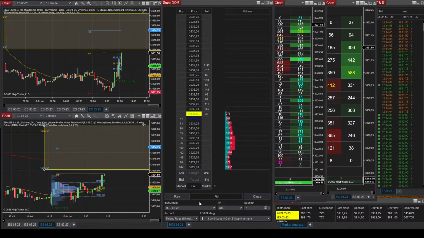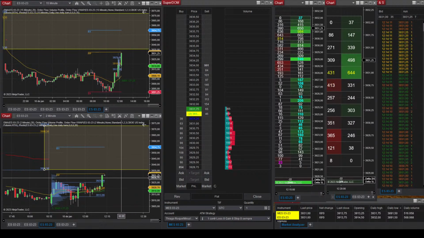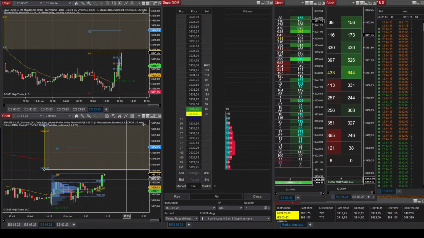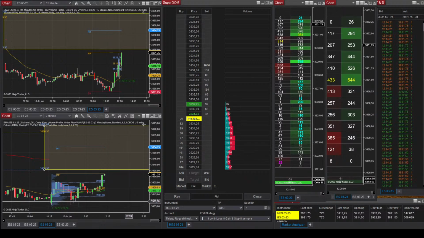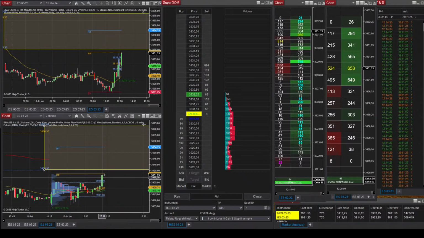If it actually works as a resistance, and prices turn back from here, we could see a test in 38.91. Price could head downwards and lose the current low. But we are seeing strong bars both here in 15 minutes and also here in 2 minutes.